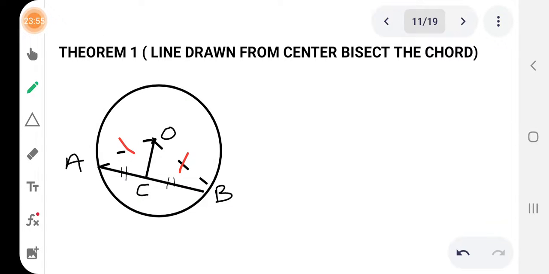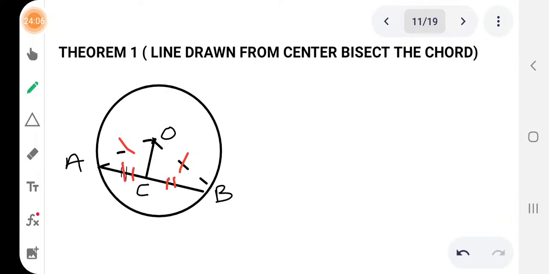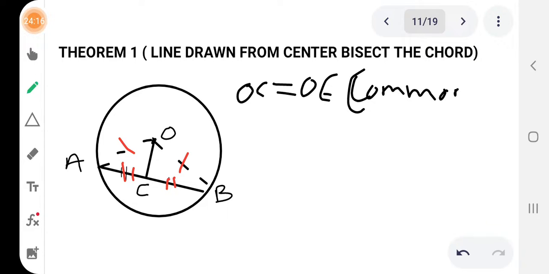So since they bisect, therefore this part will be equal to this one. Okay, so we know here that OC is equal to OC. Reason, this is a common side.